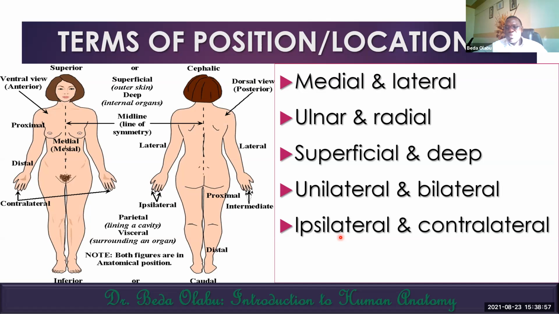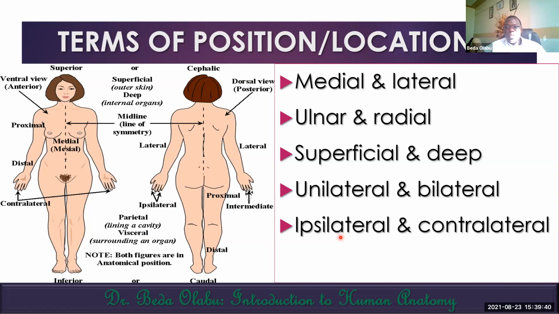But we want to know which lower limb is actually paralyzed based on the side that the growth in the brain is. So if the growth in the brain is on the right side of the brain, and the paralysis associated with that growth is also the right lower limb, then we can say that this patient has ipsilateral lower limb paralysis, which means we are comparing the side of the pathology in the brain on the right and the pathology on the lower limb on the right.